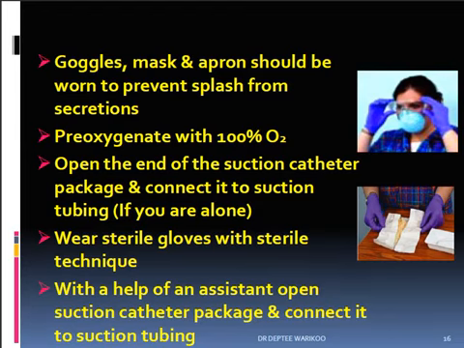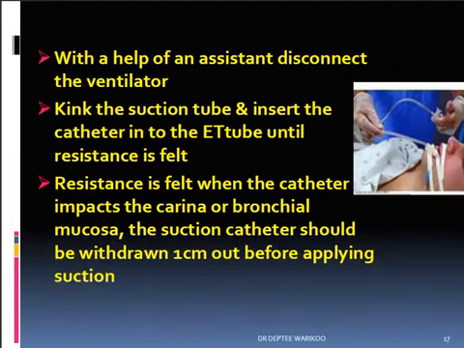With the help of an assistant, open suction catheter package and connect it to the suction tubing. With the help of an assistant, disconnect the ventilator, kink the suction tube and insert the catheter into the ET tube until resistance is felt. Do it properly with proper guidance and with proper technique.